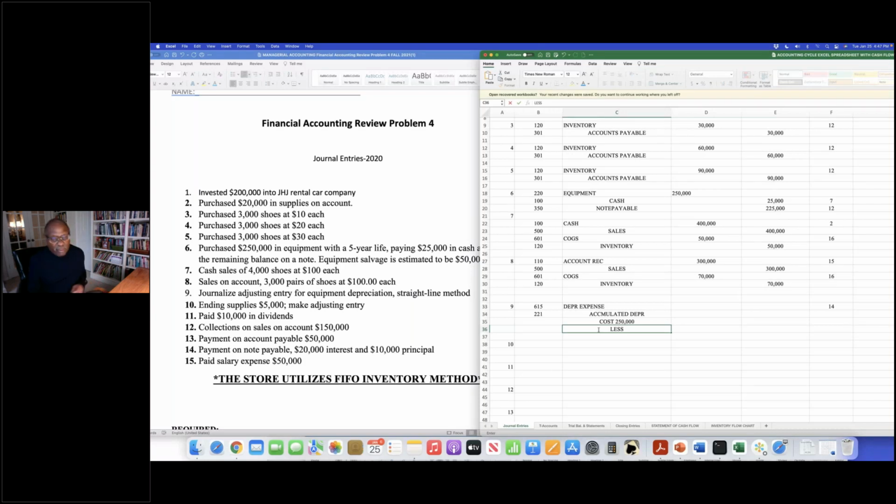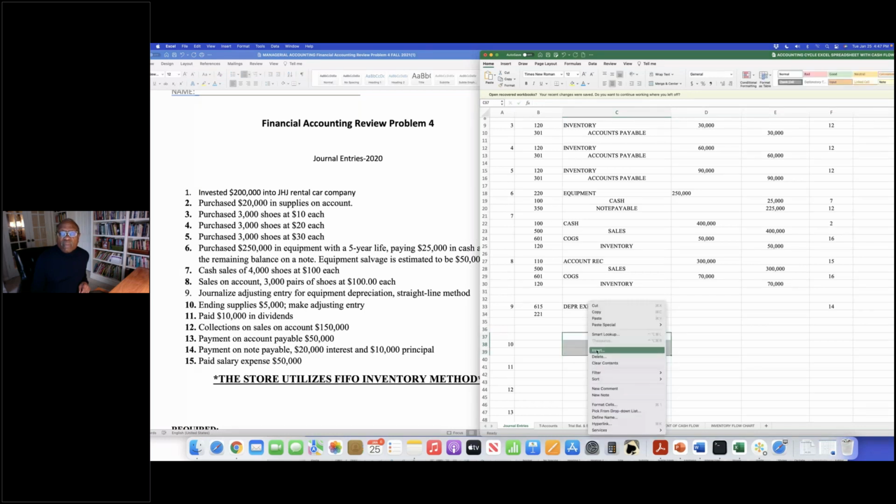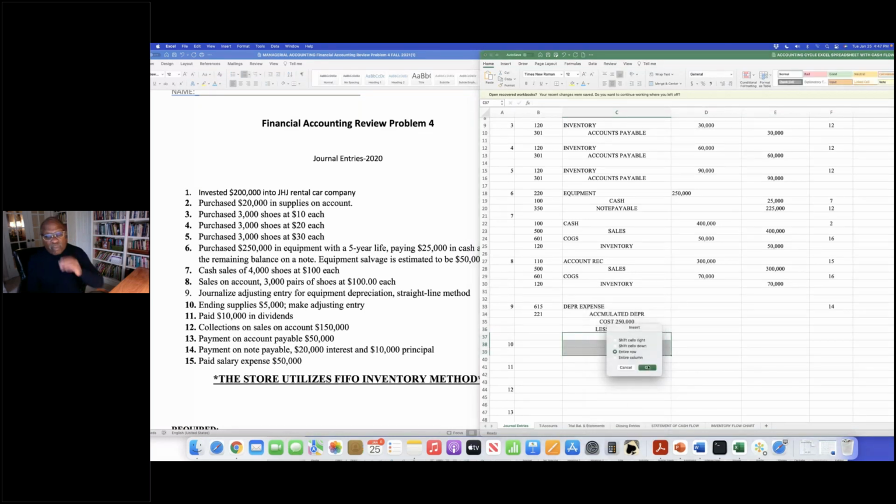So the salvage we said was what? 50,000. Okay, so our depreciable cost is simply 250 minus 50 or 200,000.